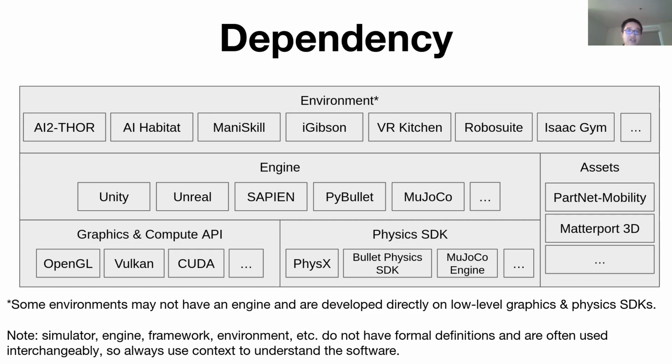On the high level, environments bundle together assets into engines and define embodied AI tasks. Our group has made many contributions to the embodied AI community by building the SAPIEN engine, the PartNet-Mobility dataset, and the ManiSkill environment.